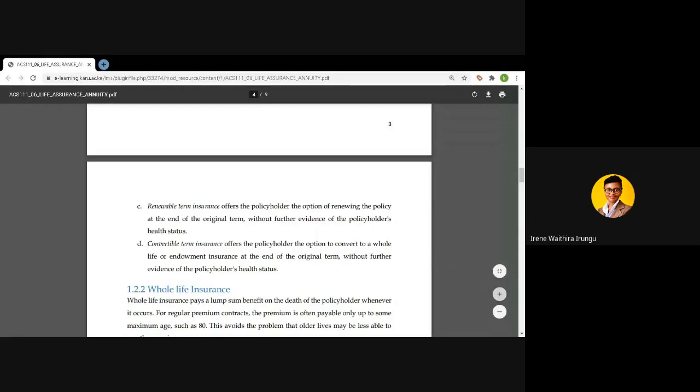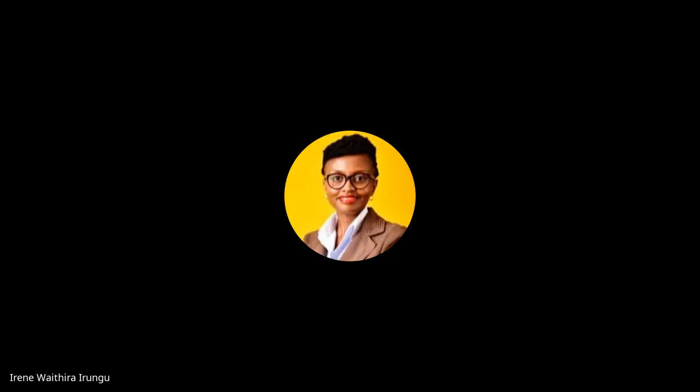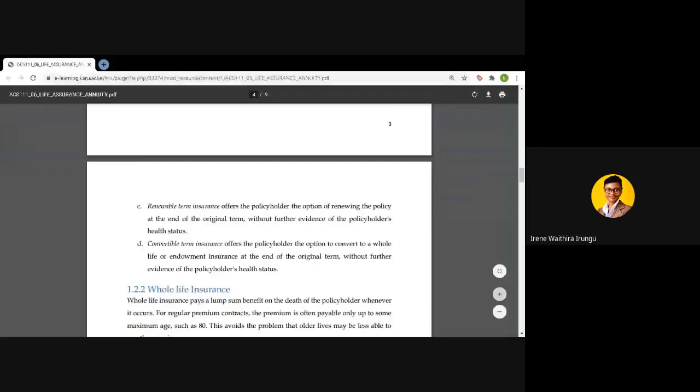So it means that if Brian's father, for instance, had a renewable term insurance policy, and the term was 5 years, if they had survived to the end of the term, that is the 5 years, they would have just renewed that contract for another 5 years.